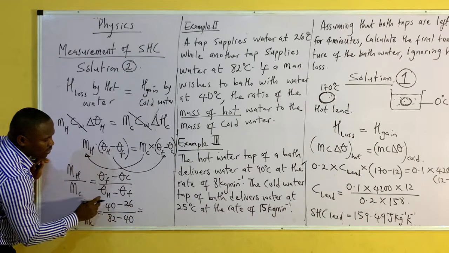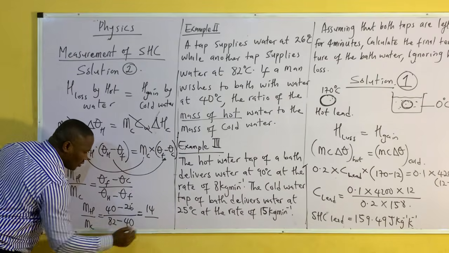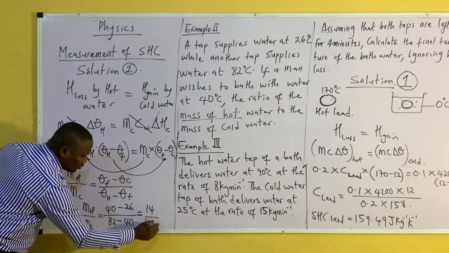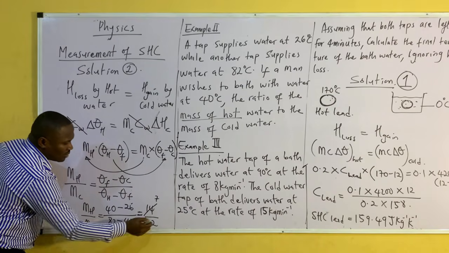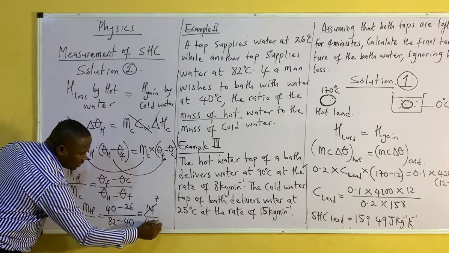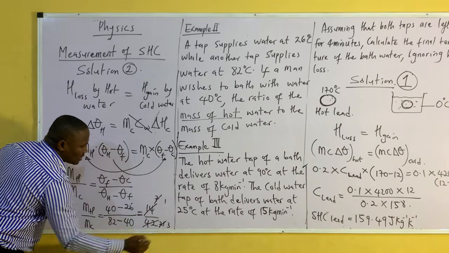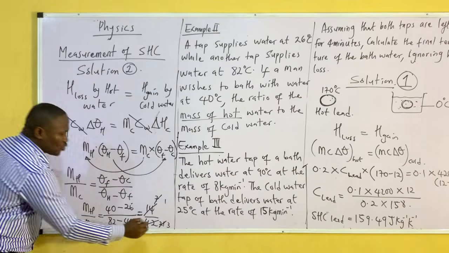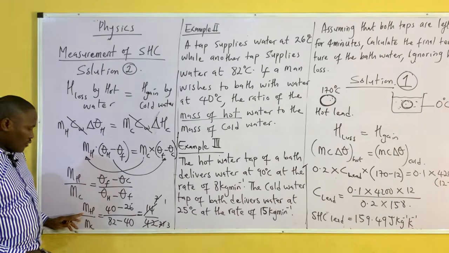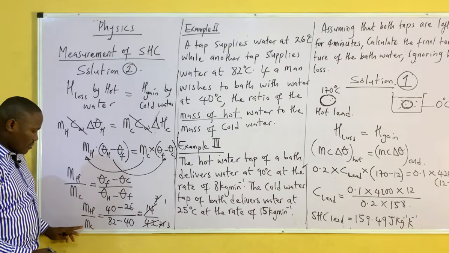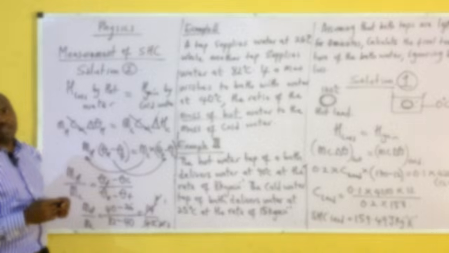So this will now be 14 over 42. If you divide by 14, this will be 1, and this will be 3. So the ratio of mass of hot to mass of cold is 1 ratio 3. That becomes the answer.